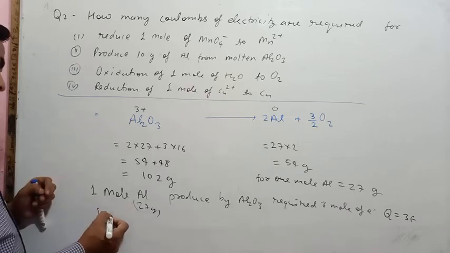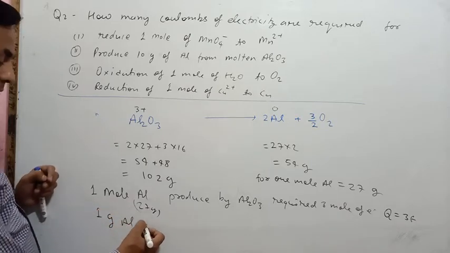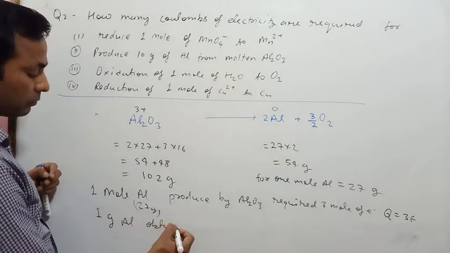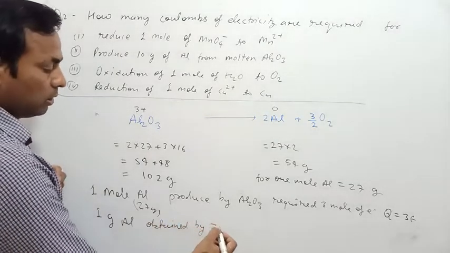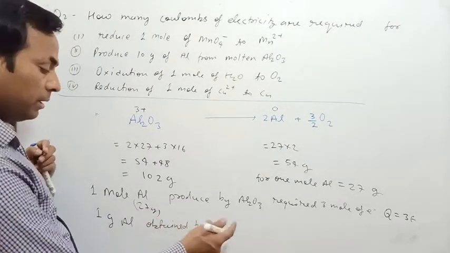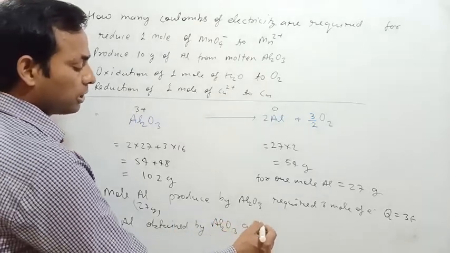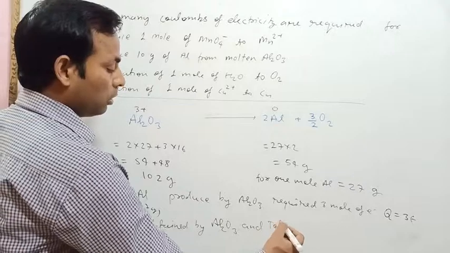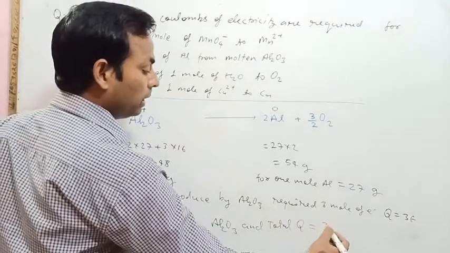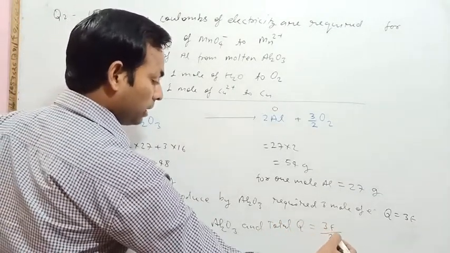1 gram of aluminum is obtained from alumina, and the total charge required, Q, equals 3F upon 27.